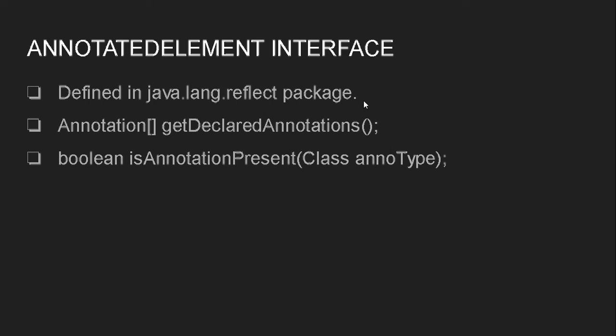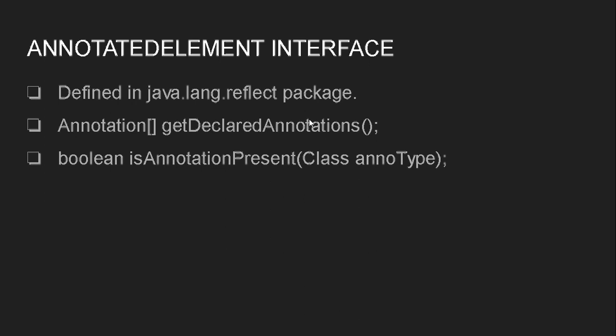It is going to return the list of declared annotations. Then there is a method that checks whether an annotation is present inside the object of a class. It accepts the parameter of a class object and checks whether the annotation is present inside that particular class.